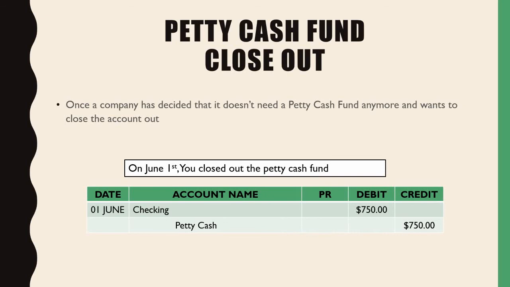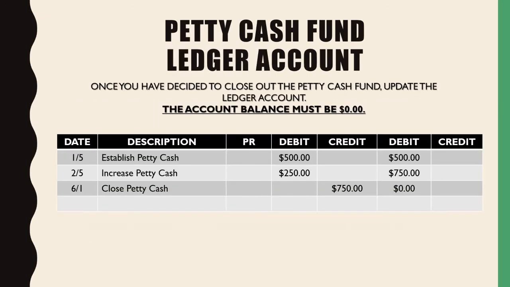Once you close it out, you also have to close it out in your general ledger, saying by June 1st, I no longer need to use my petty cash drawer. So here it is. I closed it out, which I credited my account for $750. Therefore, my petty cash drawer holds $0. That one's pretty straightforward.